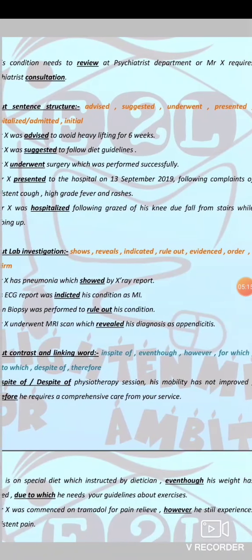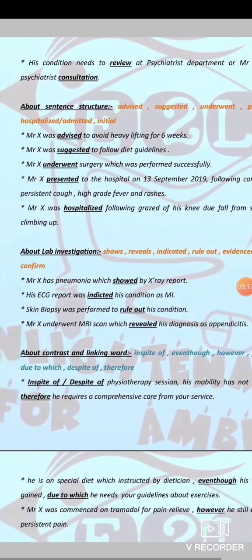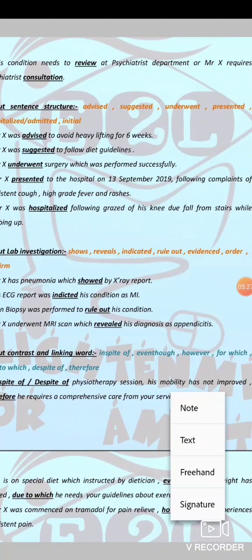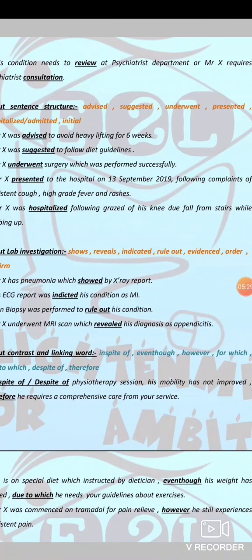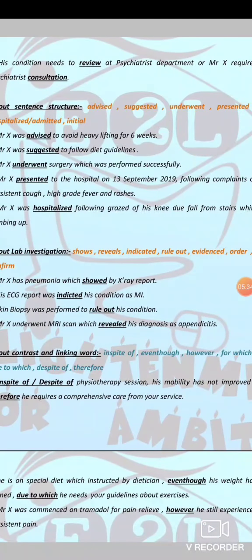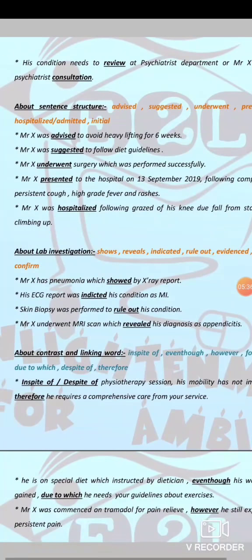Next one, evidenced. Evidenced you can use for culture reports: blood culture, sputum culture, urine culture, stool culture. All these culture reports always give you evidence of the presence of bacteria. So that time you can go with evidenced.